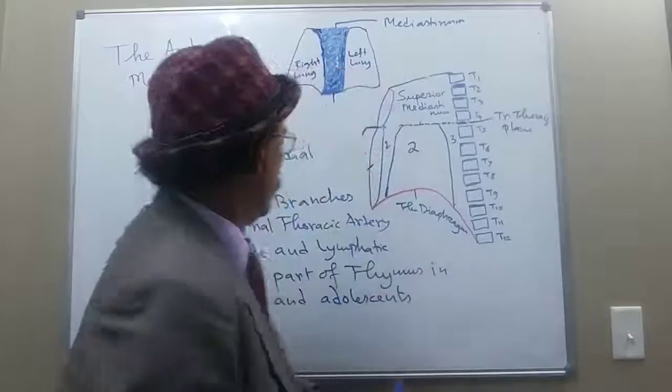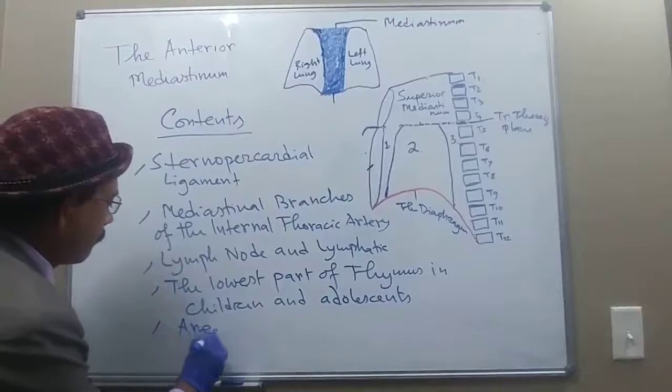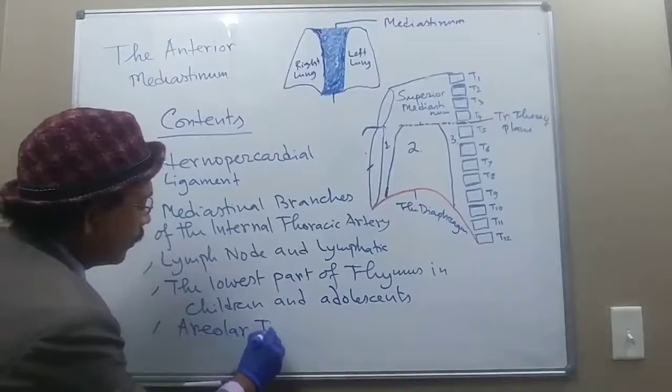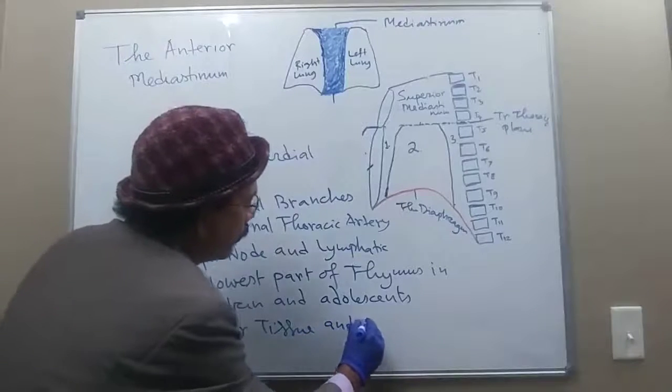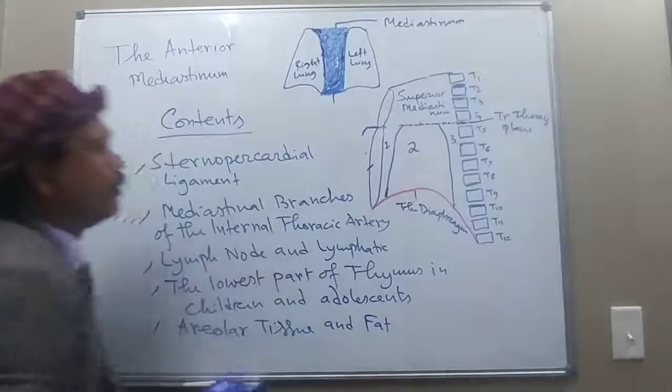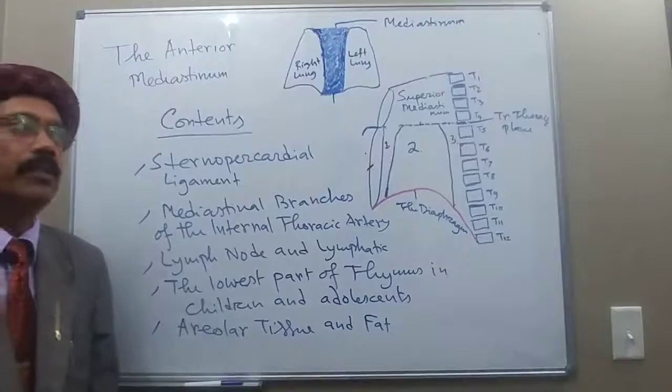We also have areolar tissue and fat. So we got the contents of the anterior mediastinum.